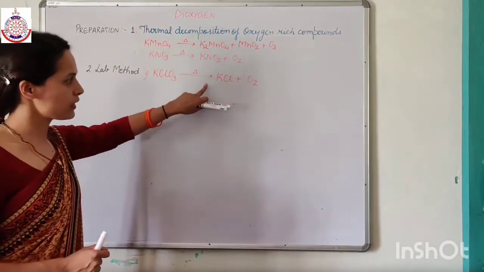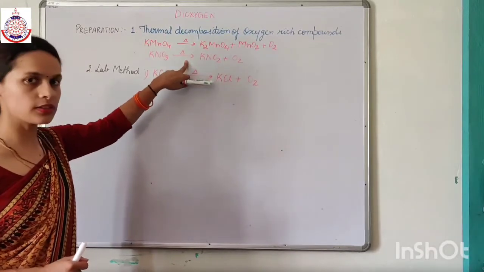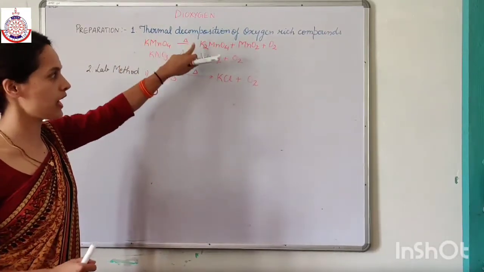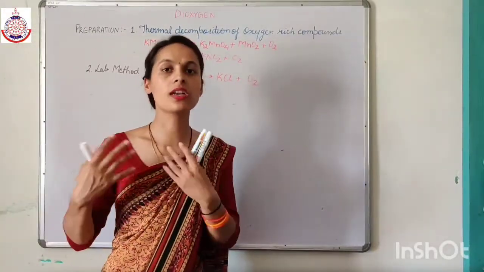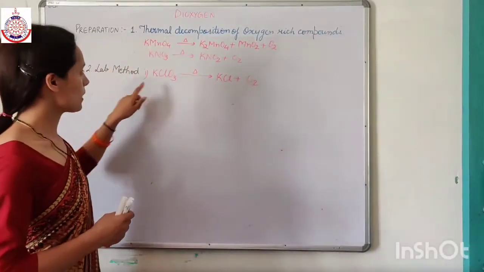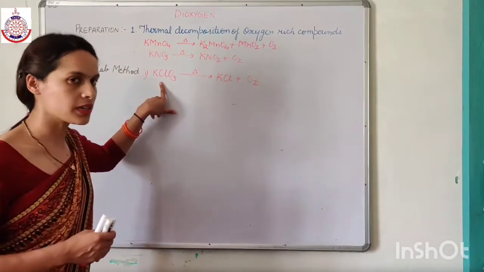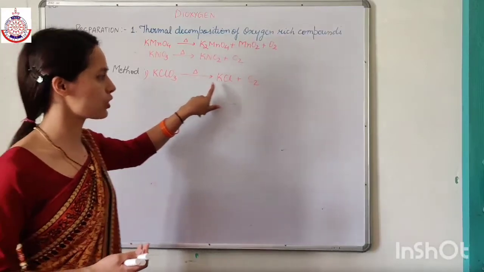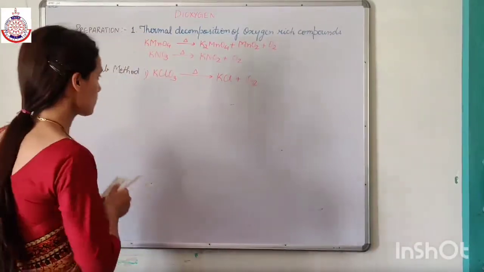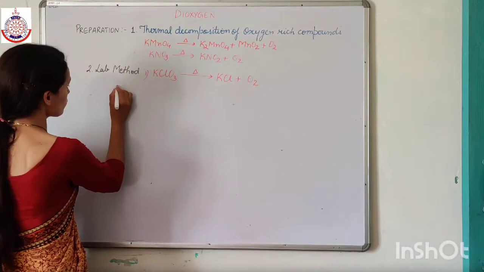This example we can also give in the first type of reaction, because KClO3 is also an oxygen-rich compound. So in the lab we can prepare dioxygen by the thermal decomposition of KClO3.